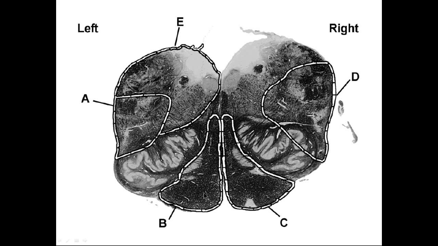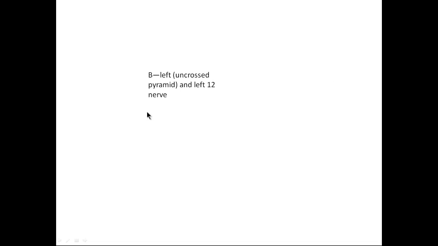So if we cut the pyramid here on the left side, it's going to affect the right side of the body. But the tongue is going to point toward the left because the lesion is over here. So the correct answer is B, uncrossed pyramid and left 12th nerve.